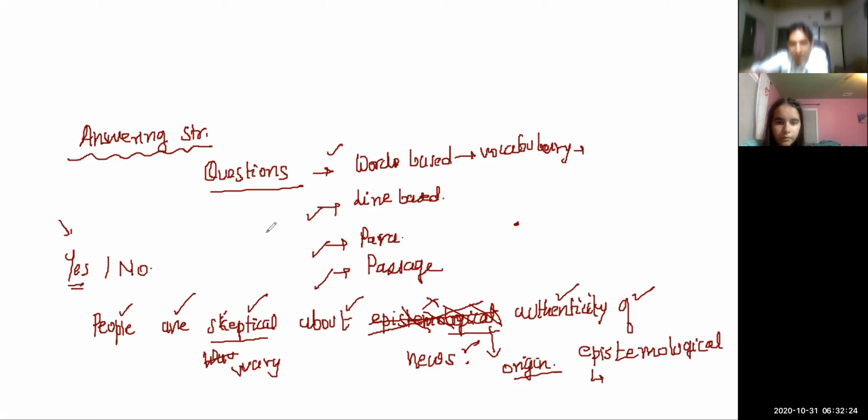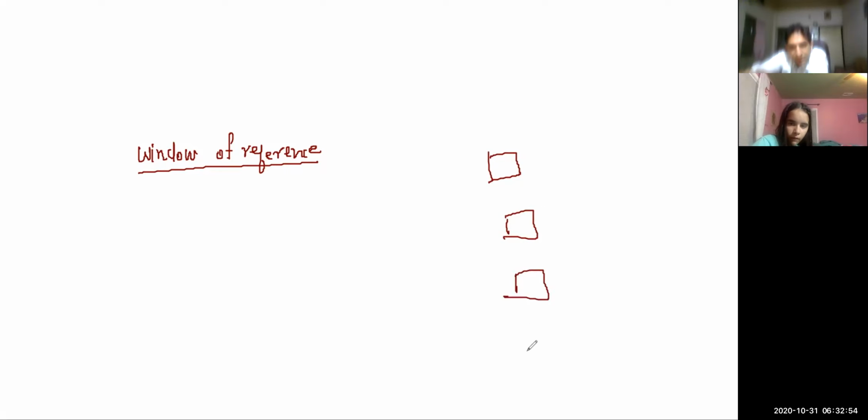Okay, so let me come back to these questions. The first is word based question, second is line based question, third is para based question, and fourth is passage based question. Before this, I would like you to understand window of reference. What is this window of reference? For every question, there is a window of reference.